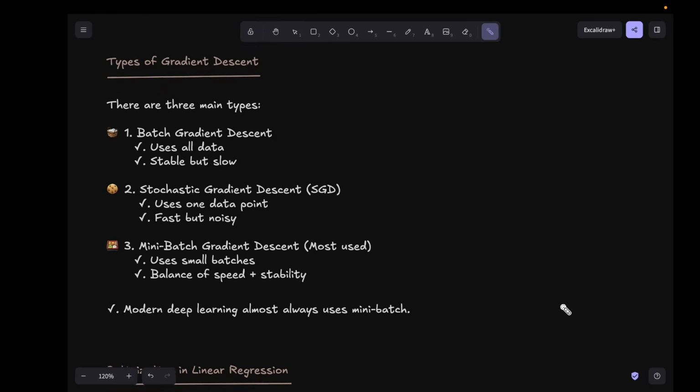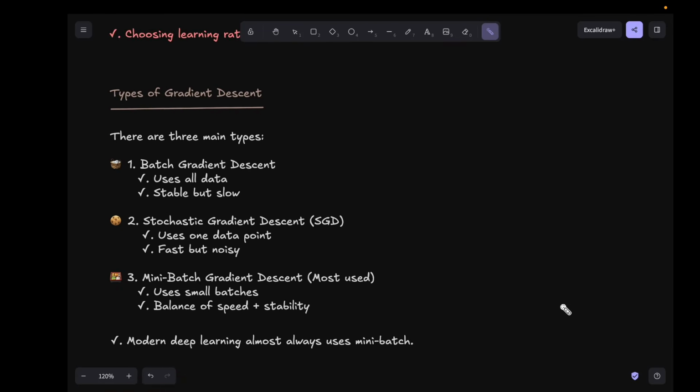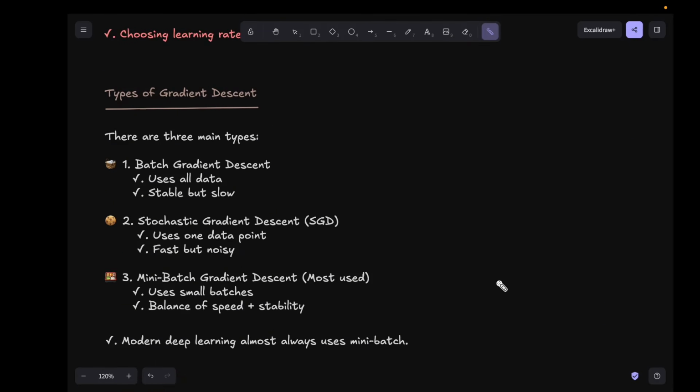So now we discuss the types of gradient descent. We discussed gradient descent before. So what is gradient descent?